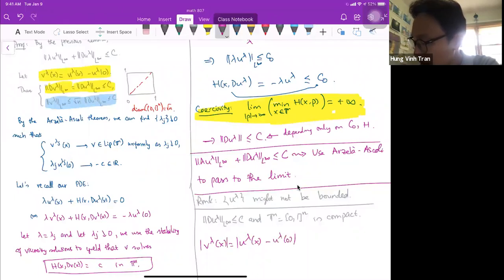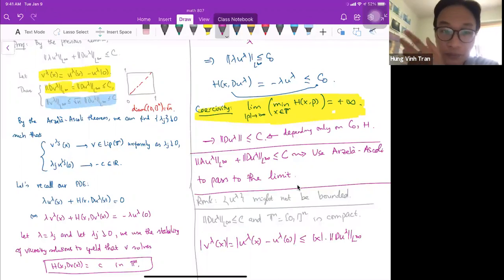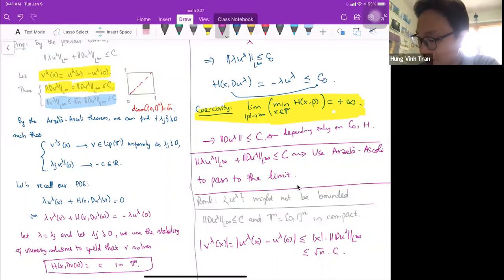So this is surely less than or equal to |x| times the L infinity norm of the gradient of u lambda. And x in the torus, let's be generous, is at most the diameter of the torus, which is root n. So this is less than or equal to root n times C. That's why the torus is good. So we have v lambda is bounded.